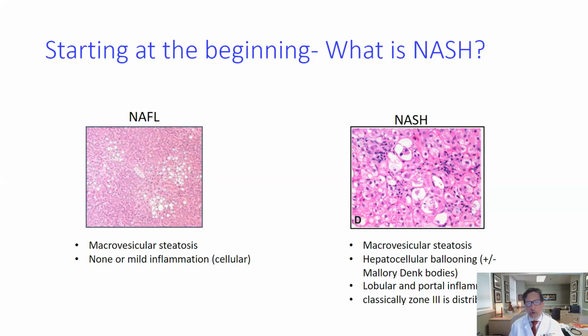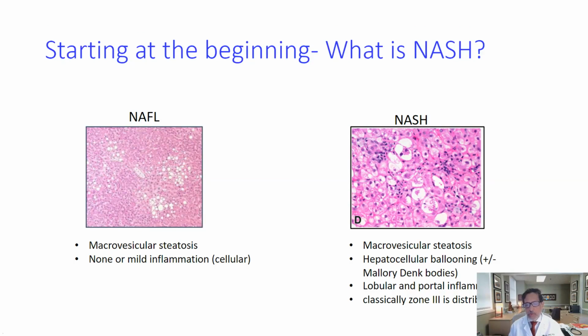On the other hand, there is a more aggressive lesion called non-alcoholic steatohepatitis, or NASH for short. Now, in this condition, you not only have the steatosis, but there is a hallmark lesion, which is hepatocellular ballooning, where individual cells balloon up, as you see those big cells on the right-hand side, and they are often accompanied by accumulation of eosinophilic inclusions around the nucleus, and that's called a Mallory-Denk body.